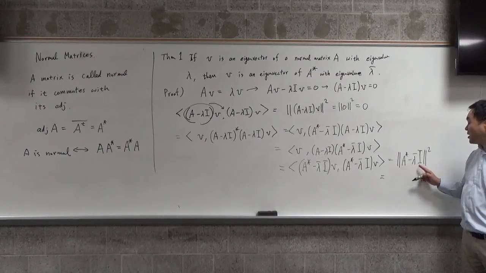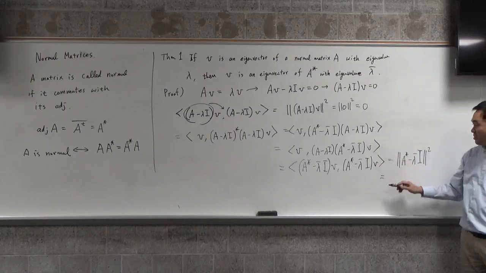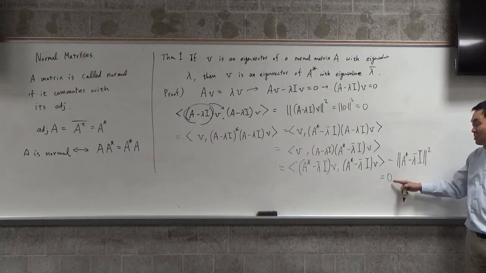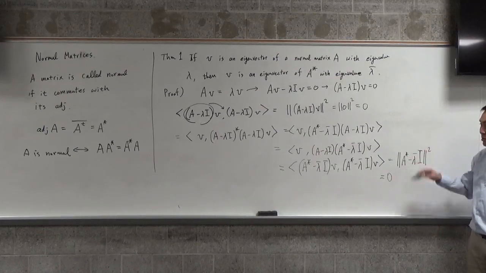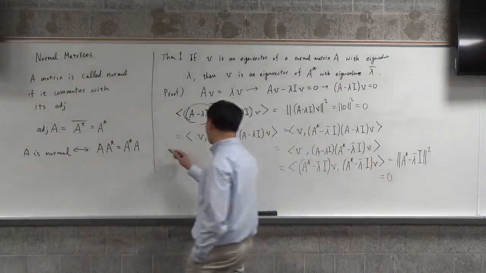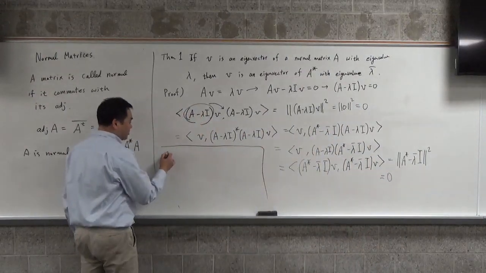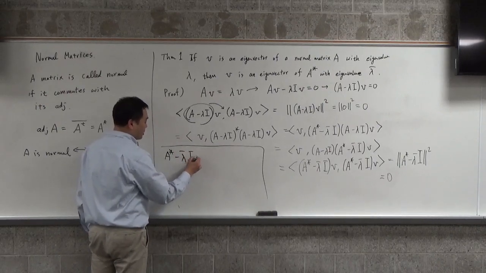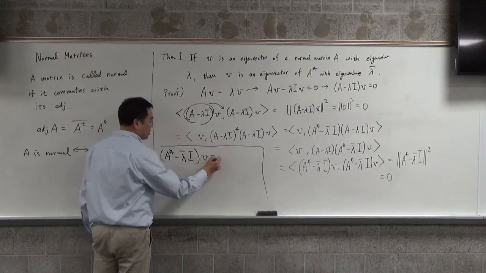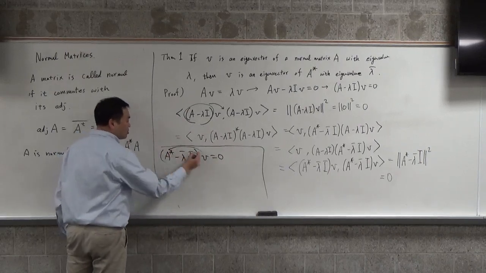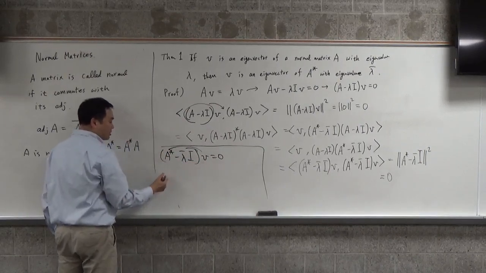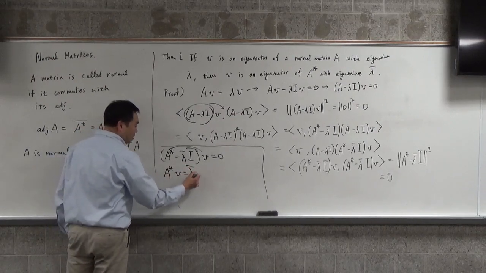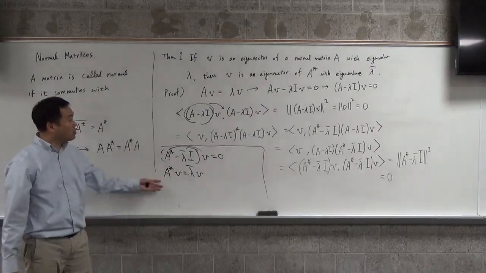But then this has to be equal to 0. That's what we started with. And a norm squared will be 0 if and only if that vector is a 0 vector. So all this argument shows that (A star minus lambda bar I) v equals 0. Now you multiply this out and move this v to the other side, and you get A star v equal to lambda bar v, which is what we are trying to prove.